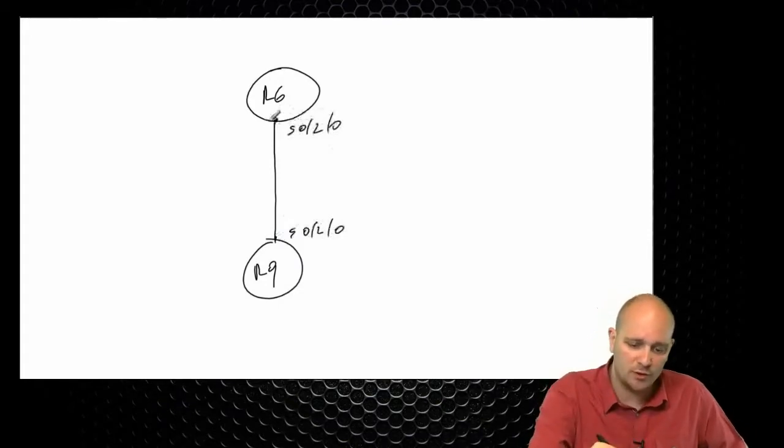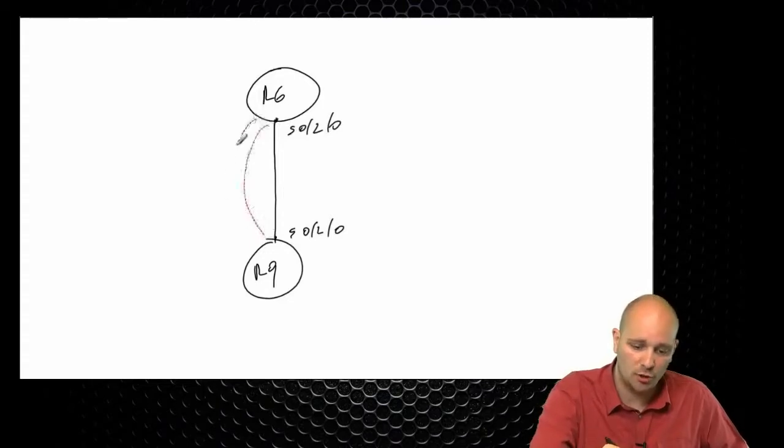Let's say that between R6 and R9, I wanted to have two logical connections. I wanted to have a blue DLCI and a red DLCI.